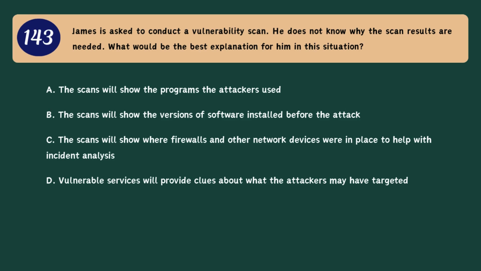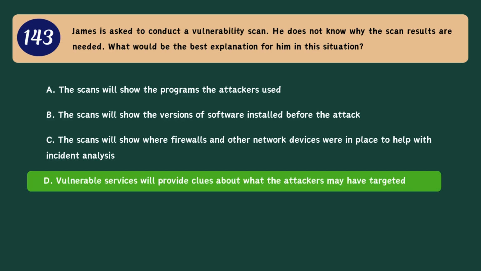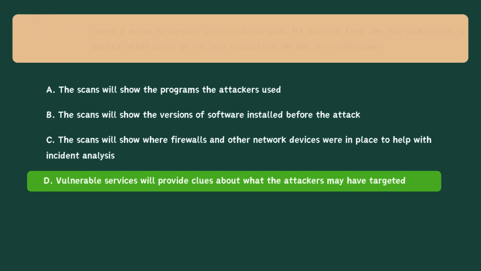C. The scans will show where firewalls and other network devices were in place to help with incident analysis. D. Vulnerable services will provide clues about what the attackers may have targeted. Correct answer. D. Vulnerable services will provide clues about what the attackers may have targeted.